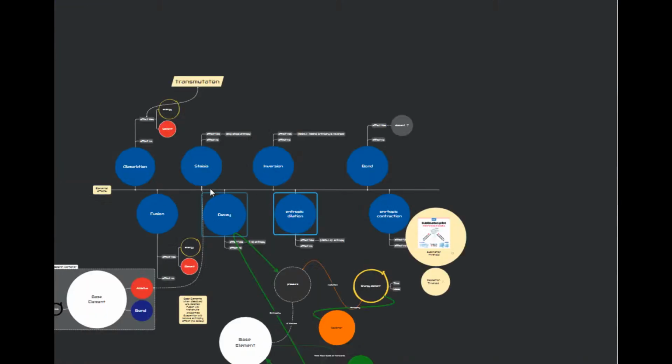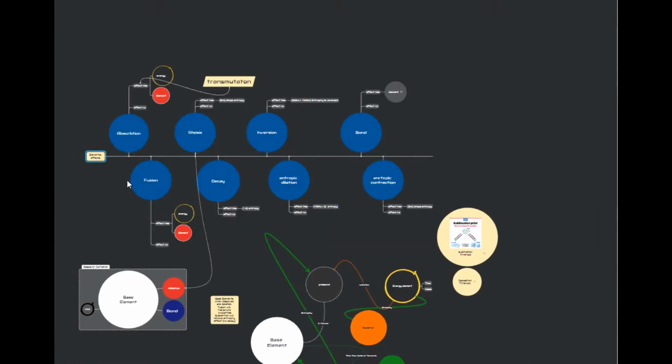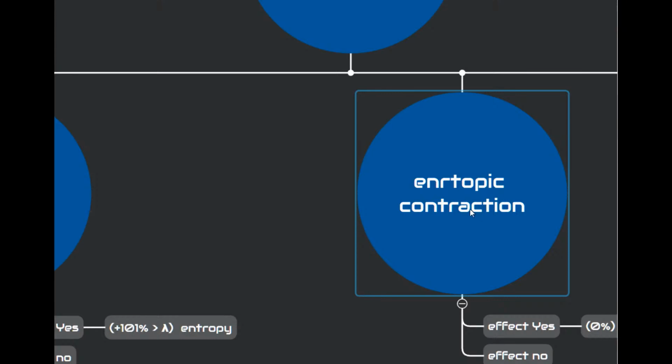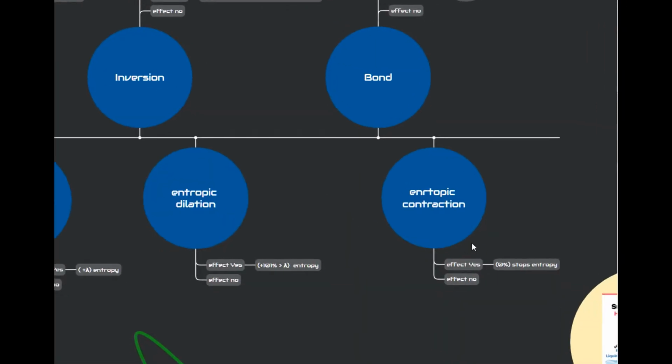Again, I kind of want to get this down as something that I can actually use brain-wise. Okay, so what is entropic contraction, basically dilation and stuff? So let me just change this.